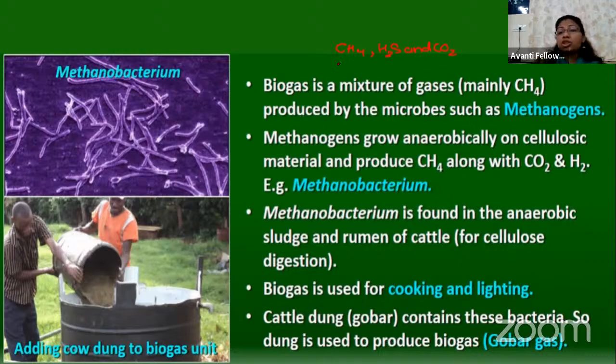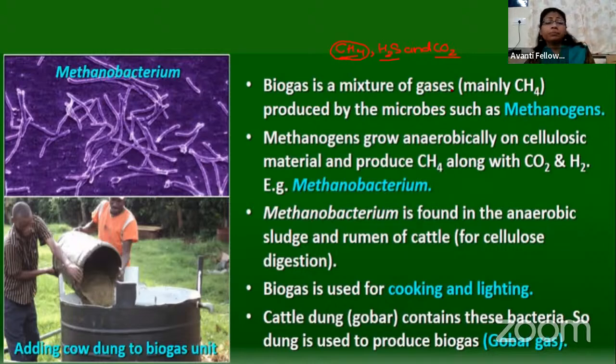So the three major gases which evolve during the degradation or the decomposition of the organic matter is CH4, H2S, and CO2. But out of these three gases, the main component in the biogas is CH4, that is methane.